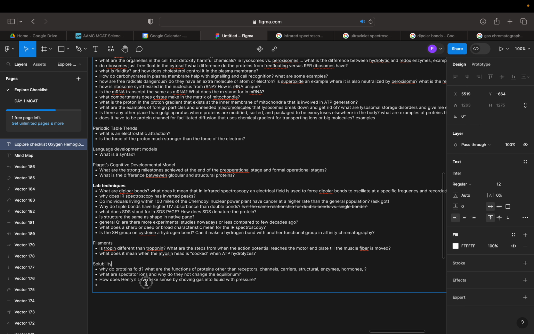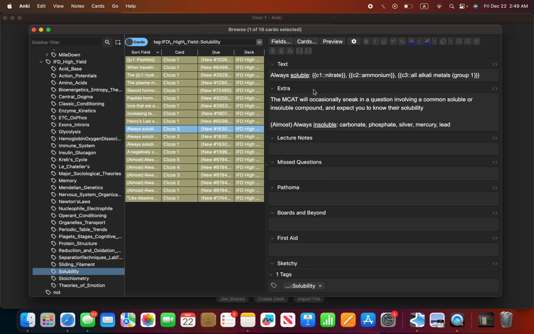We have always soluble: nitrates, ammonium, all alkali metals, group 1. They are always soluble. The MCAT will occasionally sneak in a question involving a common soluble or insoluble compound and expect you to know their solubility. Almost always insoluble are carbonates, phosphates, silver, mercury, lead.